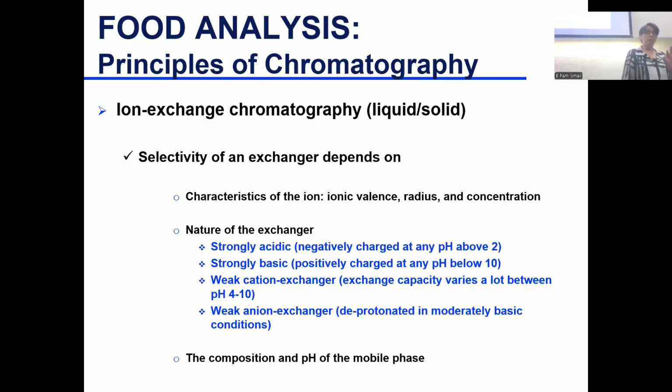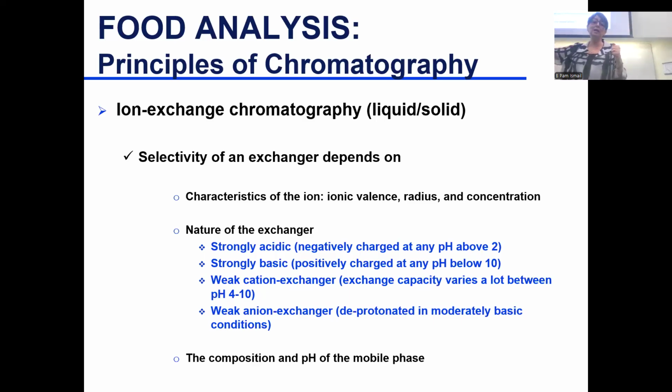So let's add a little bit more complexity. If you have your polymer derivatized with a strong acid or a strong base, a strong acid will be mostly negatively charged. Strong acid means they give their protons very easily and they resist taking up the protons.